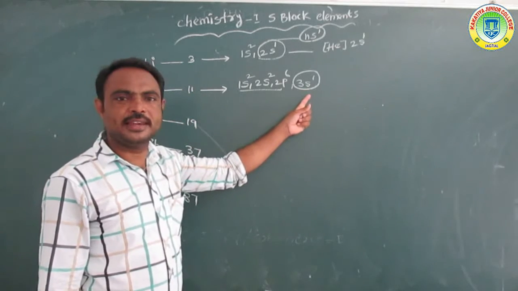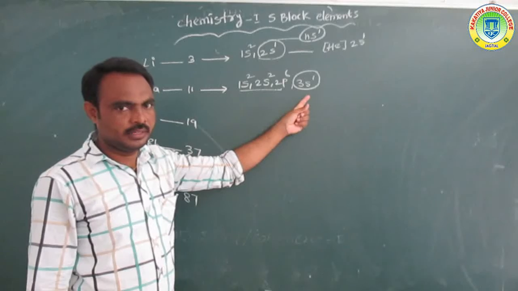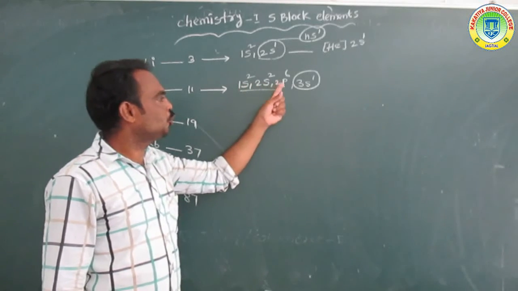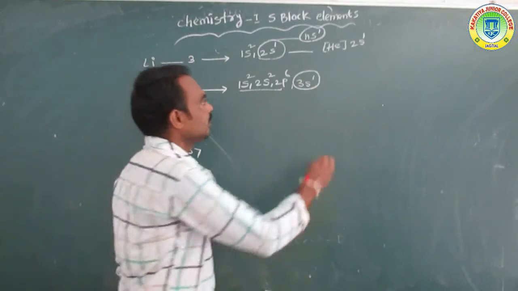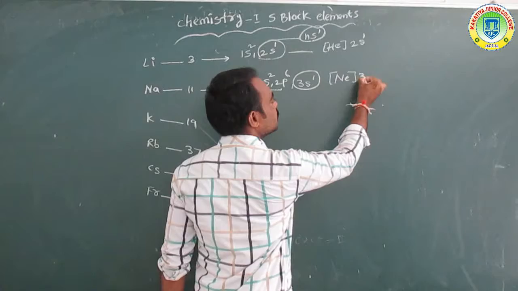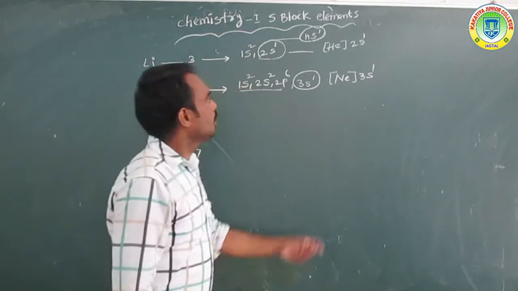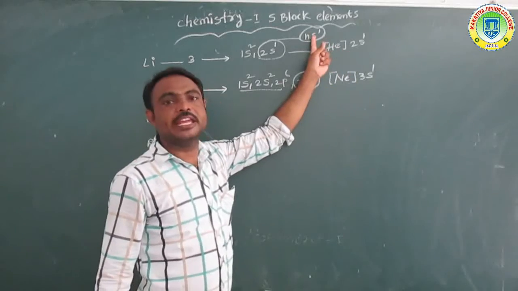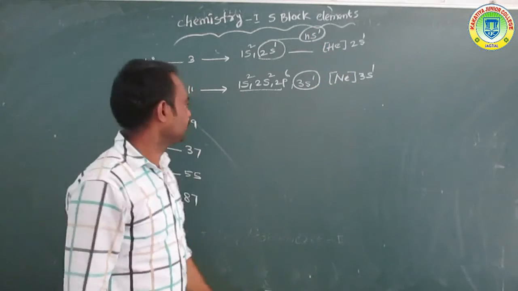What is the outer shell? 3s1 is the outer shell. 1s2 2s2 2p6 is equal to the neon electronic configuration. So [Ne] 3s1. 2s1, 3s1, just like ns1.